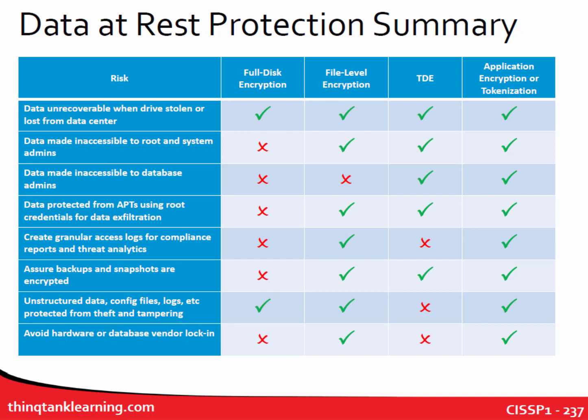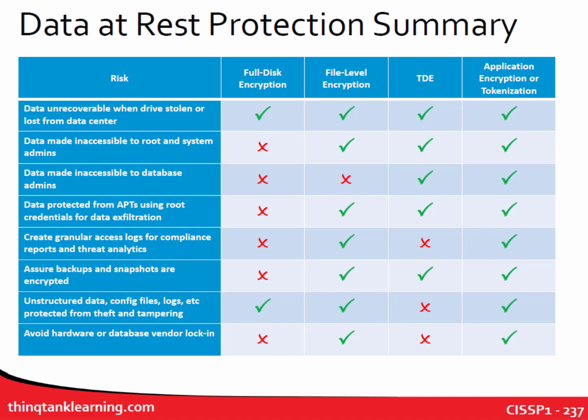The data is made inaccessible to root and system admins, not for full disk encryption, but for the remaining encryption options. Data is made inaccessible to database admins, only applies to TDE and application encryption or tokenization. Data is protected from APTs, advanced persistent threats, using root credentials for data exfiltration.